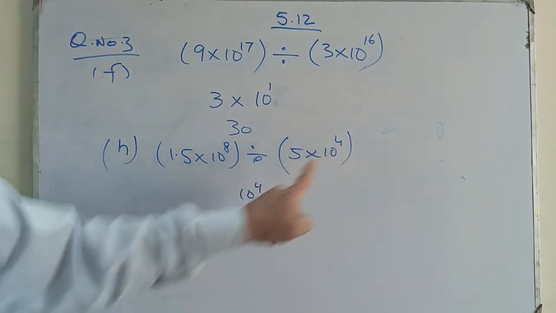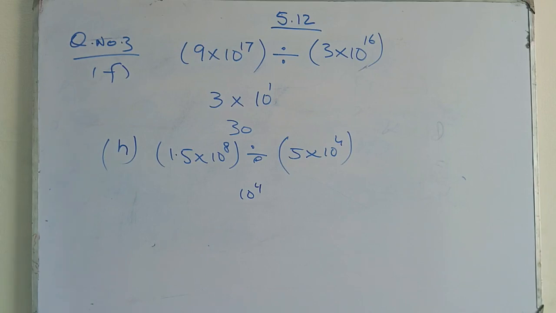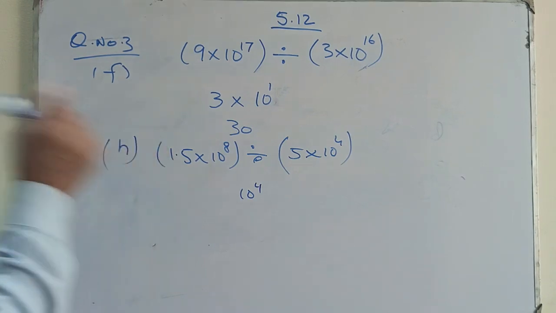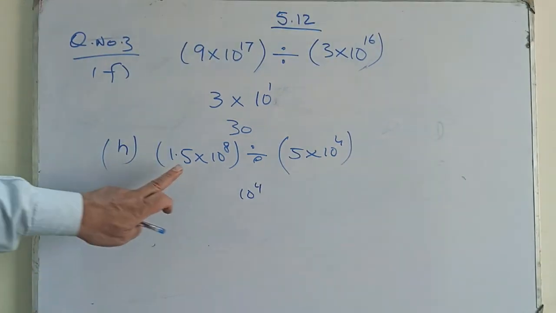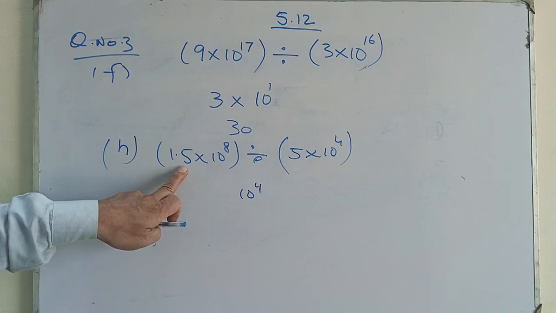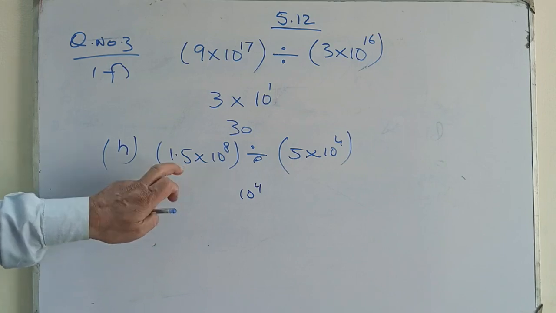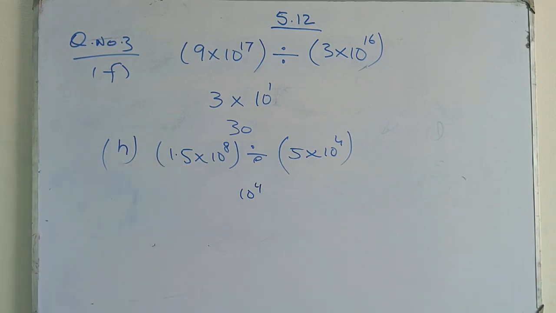8 minus 4 is 4. But there is one problem in this question, that this 1.5 is holding one point also.